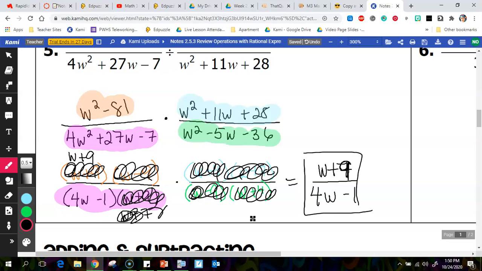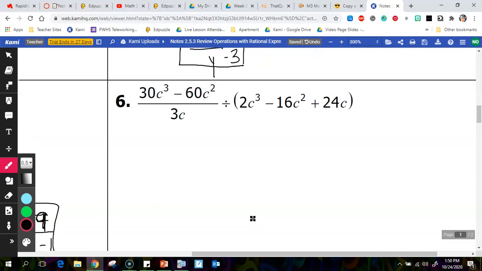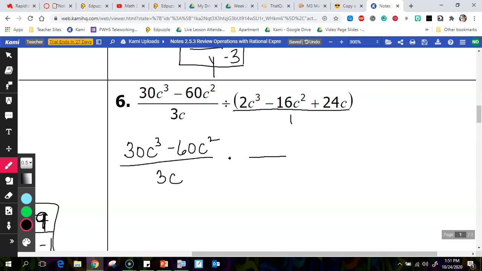All right, let's see if we have another division one. Okay, so let's rewrite this one. Times, okay, so you can put anything over 1. So this is this over 1. So that makes my numerator 1, and my denominator, I'm going to go ahead and take out a 2. Actually, I'm going to take out a 2c.